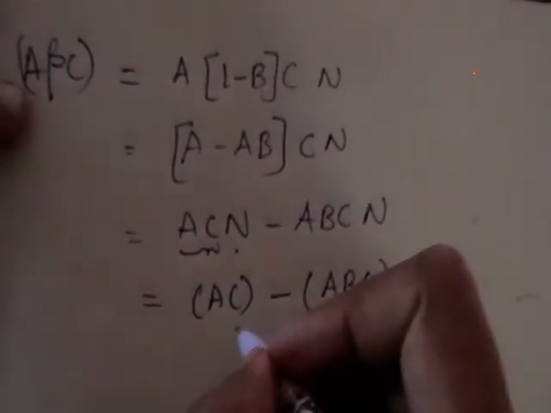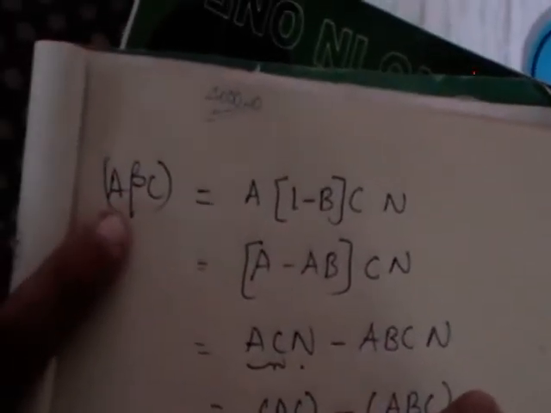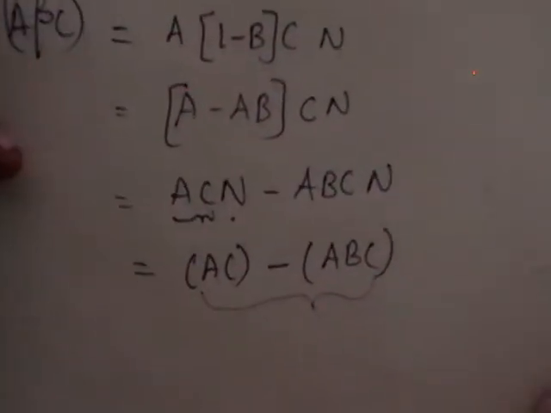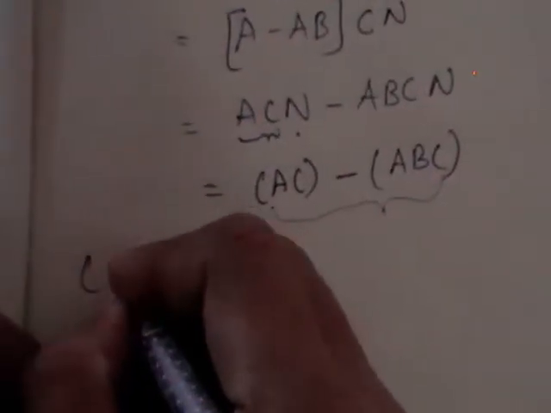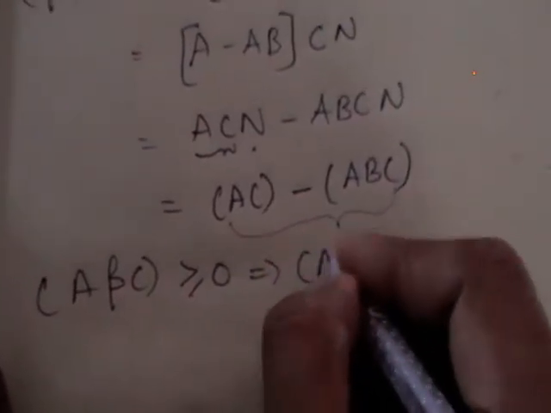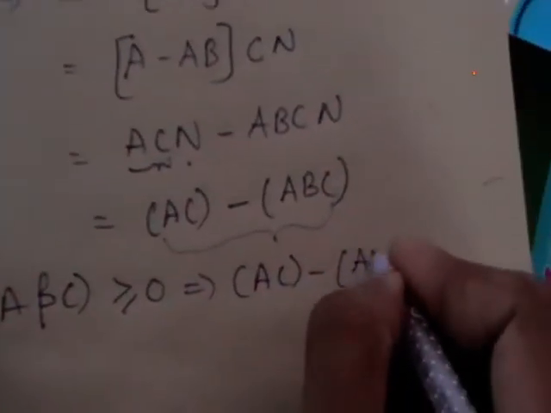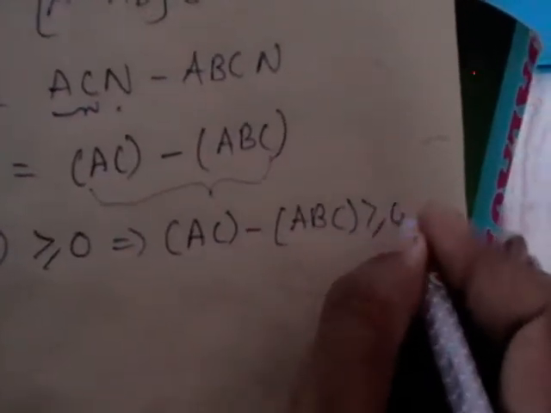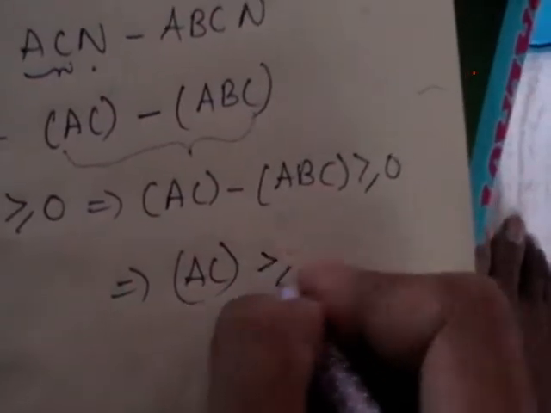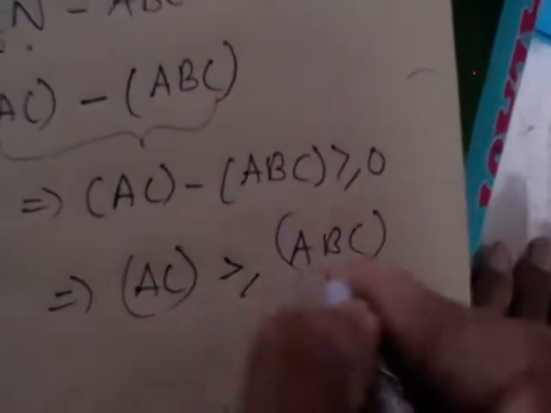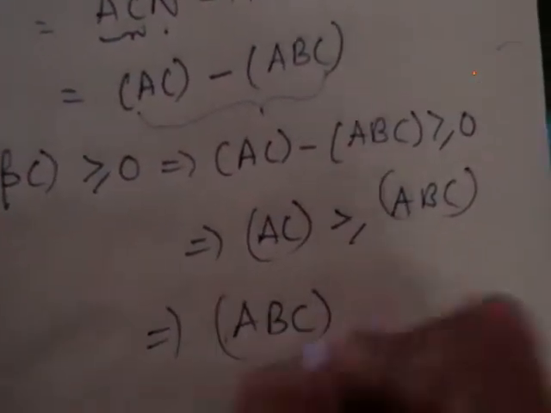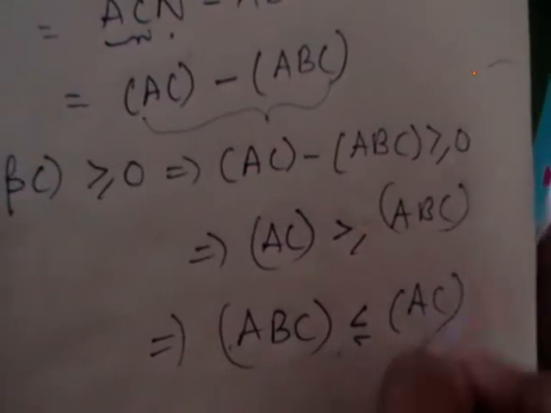As we observe, this consisted of one negative class, and by transforming it we have converted all those into positive classes. We know that (A beta C) is greater than or equal to 0, which implies (AC) is greater than or equal to (ABC). So if I reverse this, we can write that as (ABC) less than or equal to (AC).